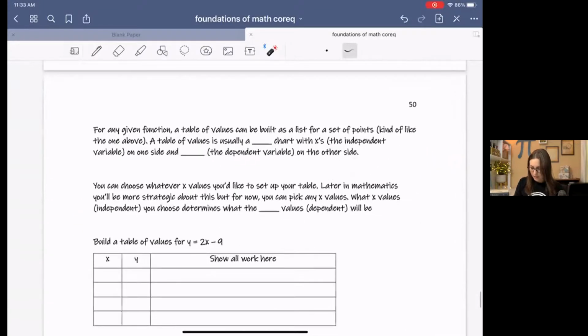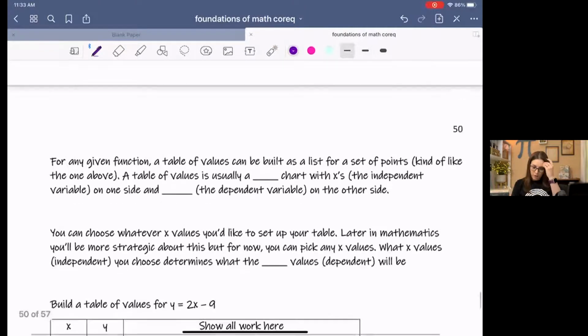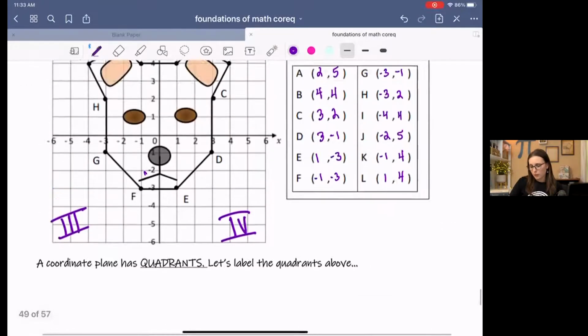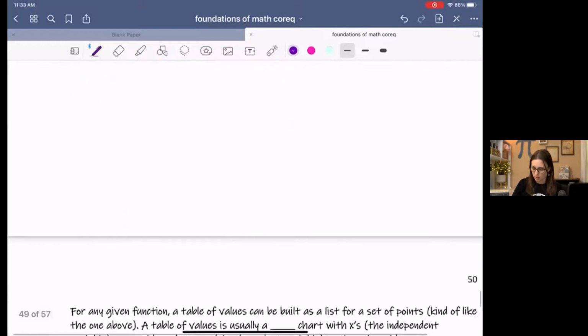Now, for any given function, a table of values can be built as a list for a set of points, kind of like the one we saw above. This is a different kind of table, but we have this list of points that gives us a map as to what our function looks like or our graph looks like, depending.